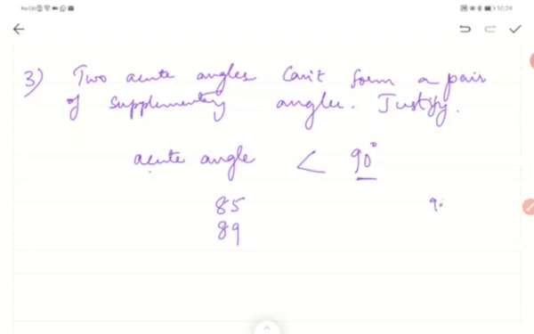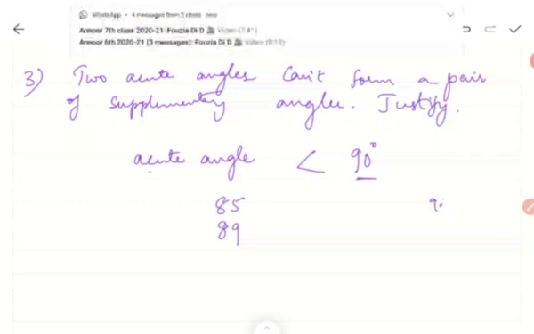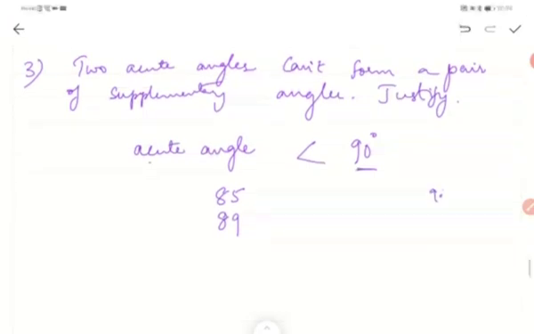So 89 is also an acute angle, very near to a right angle. If I add these together, 85 plus 89, how much will you get? This is equal to 174.